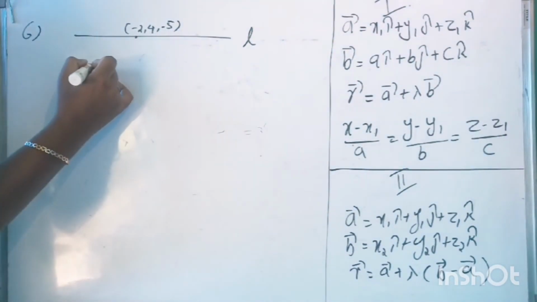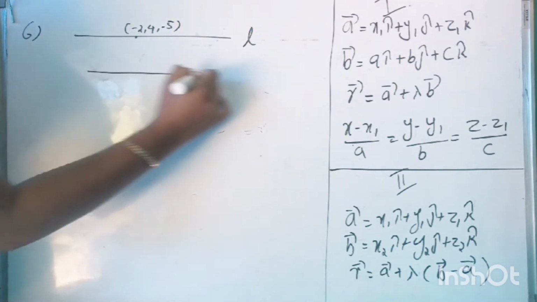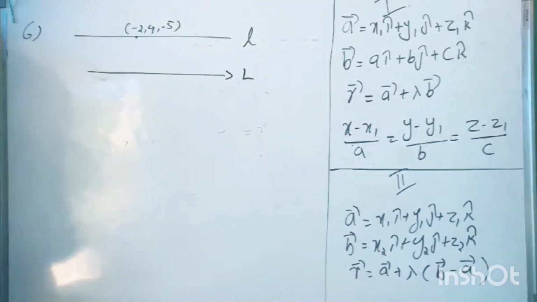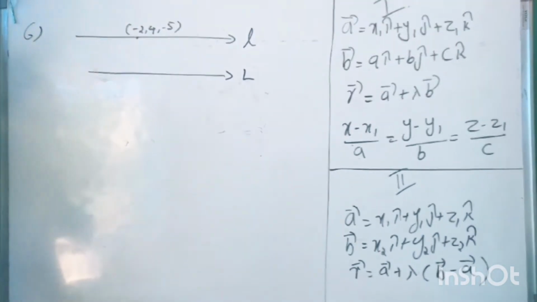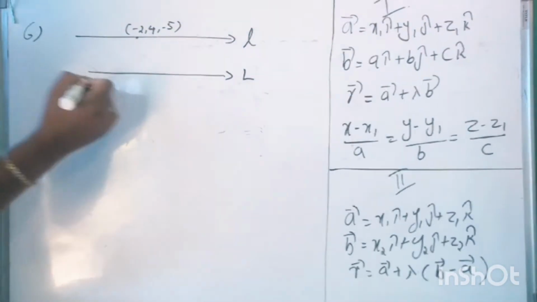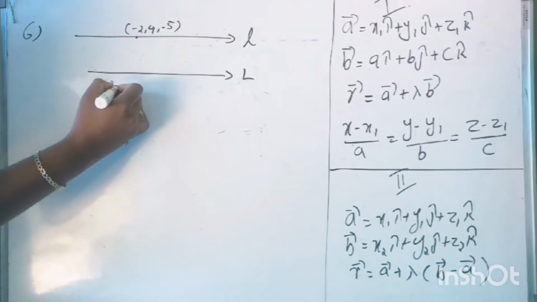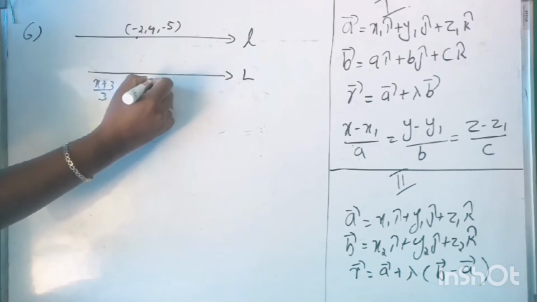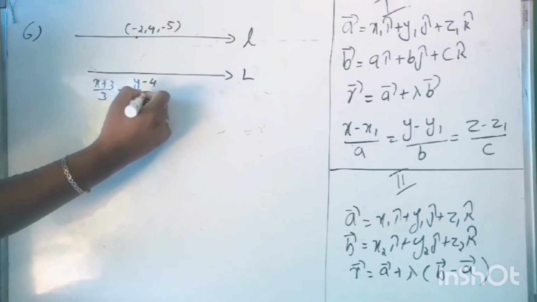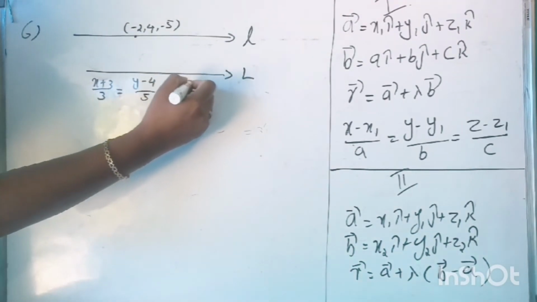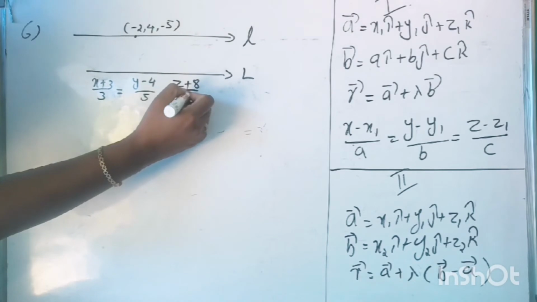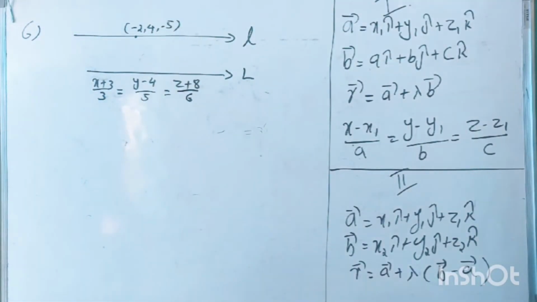And this line is parallel to a line. The equation of that line is x plus 3 divided by 3 is equal to y minus 4 divided by 5 is equal to z plus 8 divided by 6.